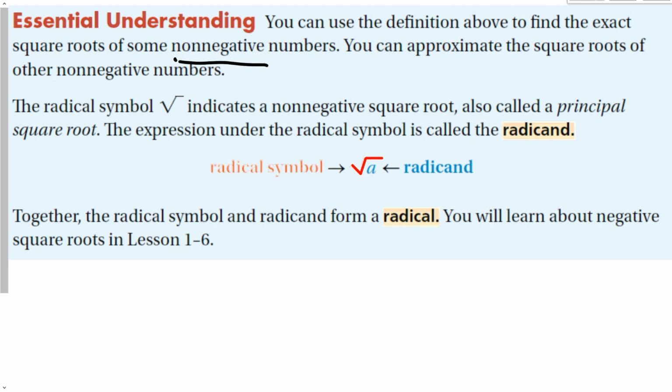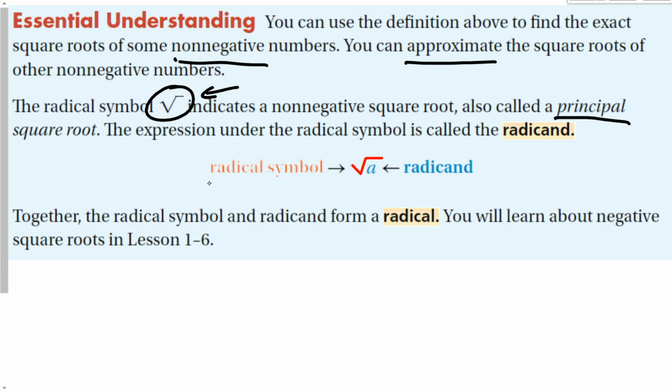We can approximate the square roots of other non-negative numbers, and we can do it mentally or use a calculator to help us out. Our radical symbol indicates a non-negative square root, also called the principal root. Whenever you see this symbol, that always means we take the positive square root, which we call the principal square root.